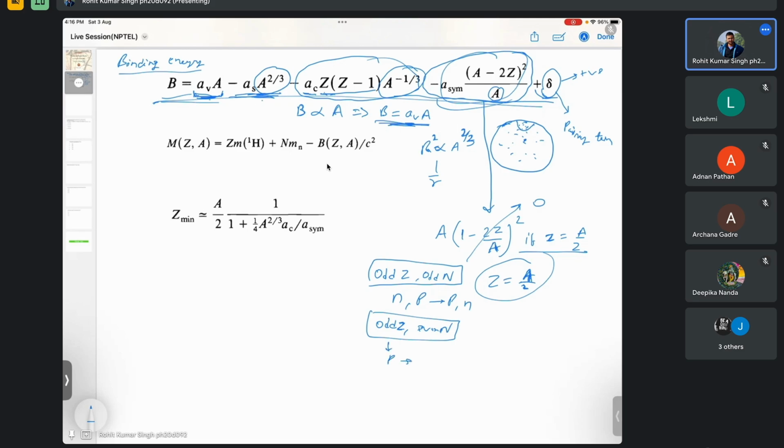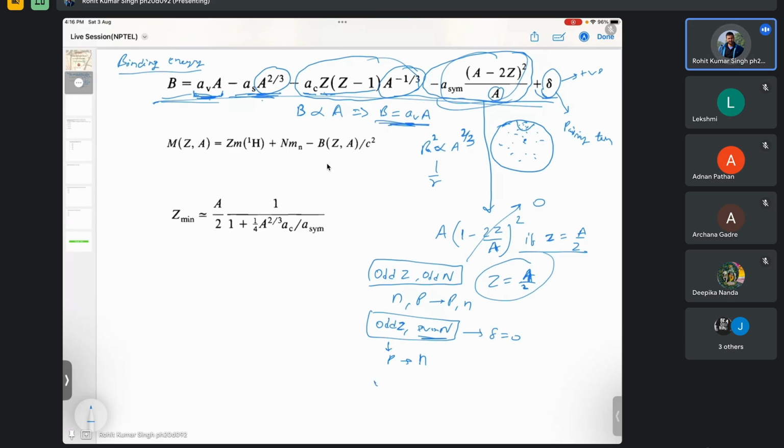I mean, even if it decays to a neutron, it doesn't have any extra neutron to pair with. Okay, so this condition contributes delta equal to 0.